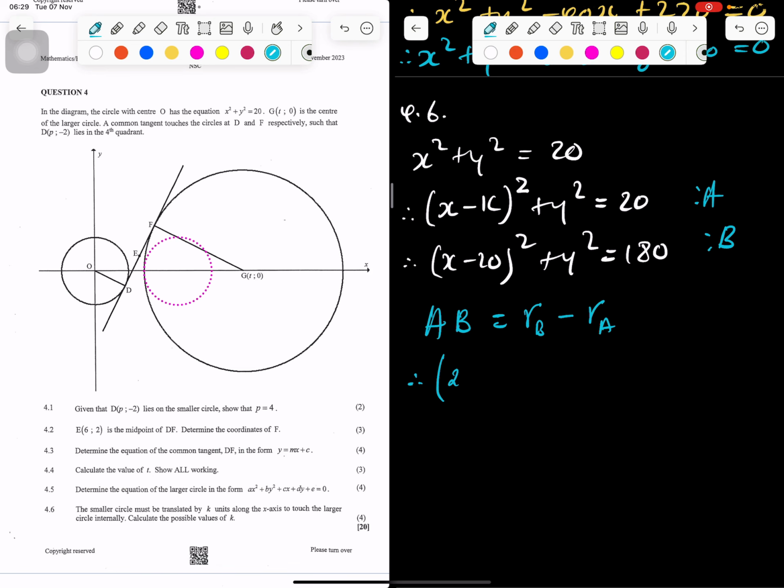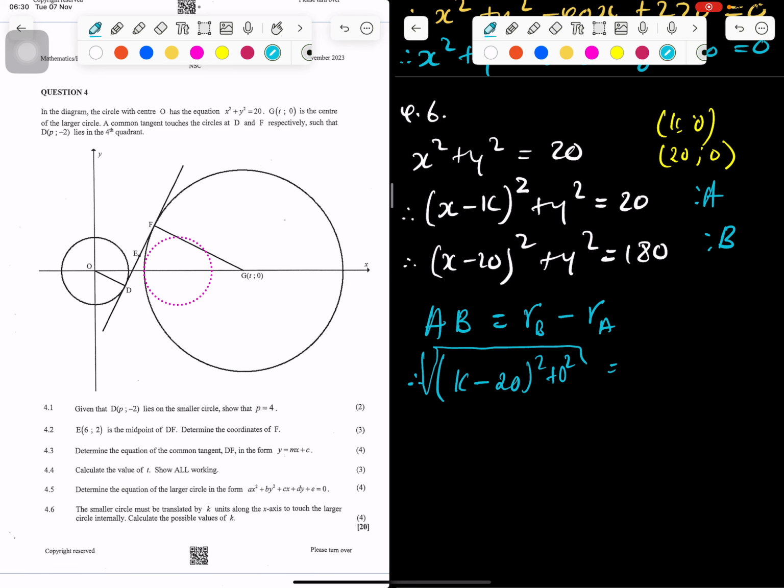Okay, the coordinates of A, let me put it down. This should be k and 0. This is the center. The other one is 20 and 0. No, I was right actually. So this is k minus 20, but it's the distance. Then you square this plus 0 squared. Think about it.